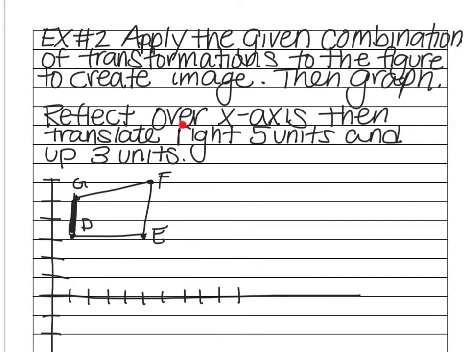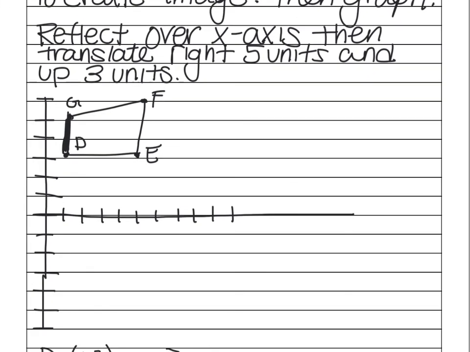So here it says reflect over the x-axis, then translate right 5 units and up 3 units. So first you're going to reflect over the x-axis, then you're going to move right 5 and up 3. So all we have to do is follow the directions instead of finding the directions, which, like I said, I think is a lot easier. That's my opinion. Maybe you feel differently.